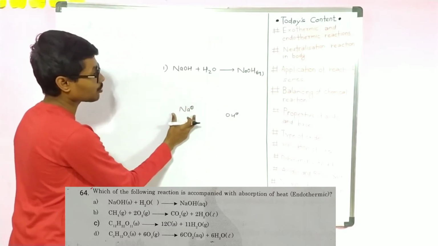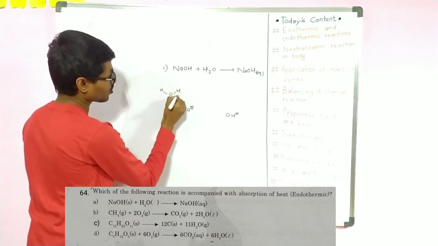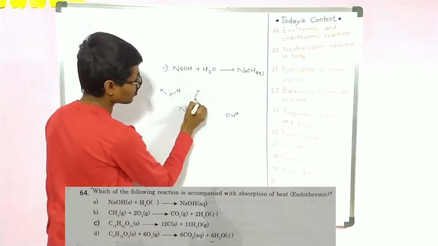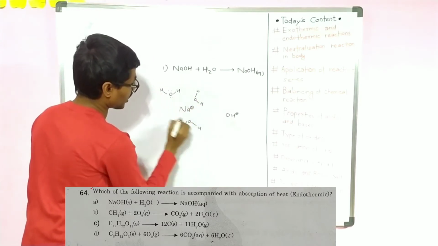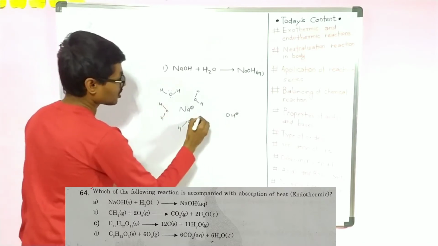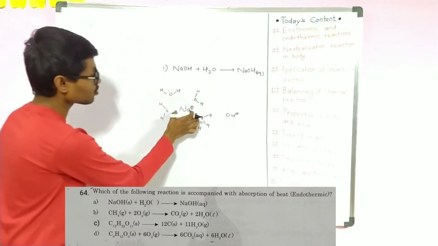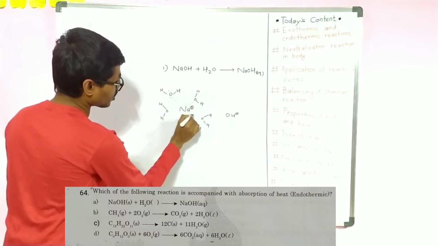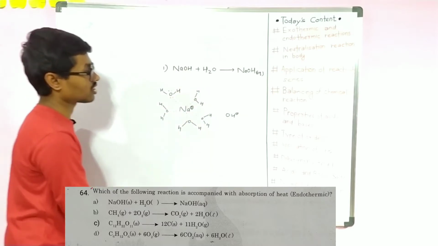When Na plus is separated, water gets accumulated near it. This is known as solvation of the Na plus ion. In the solvation process, small bonds form and energy is released.